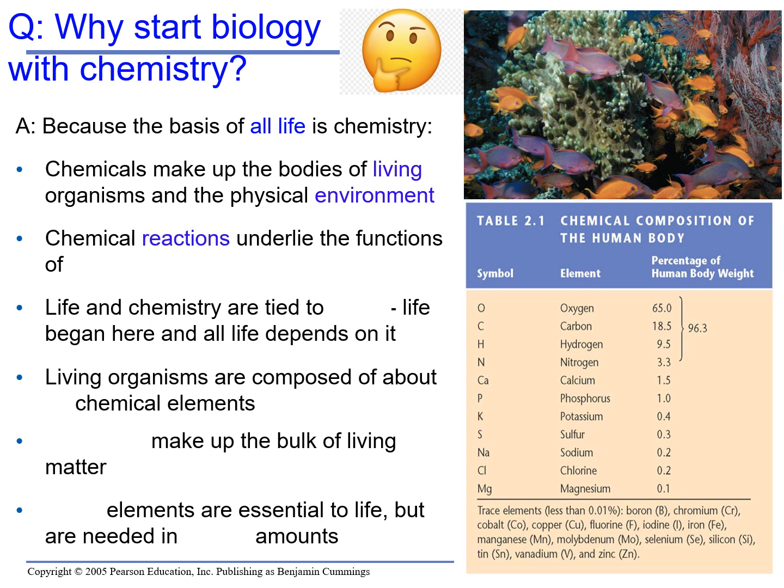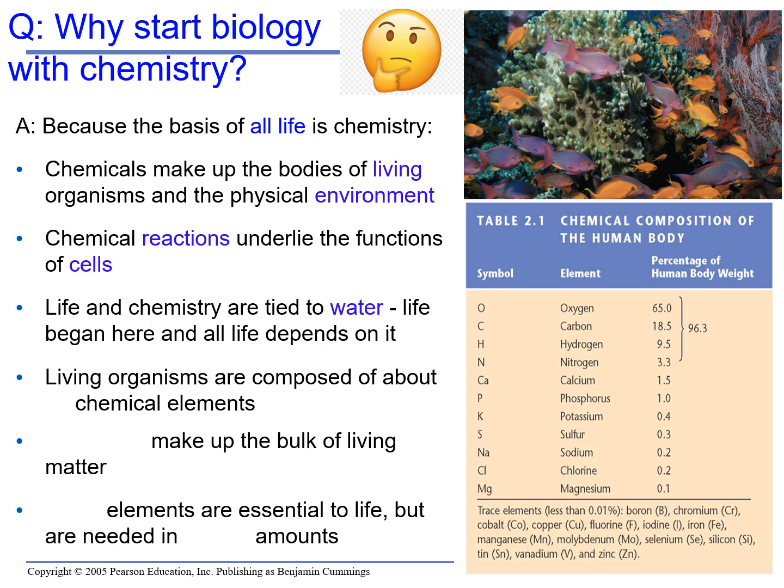Chemical reactions underlie the functions of cells. There are many chemical reactions that happen in our cells that help us live our daily lives. For example, all of the enzymes that break down our food react with the food and therefore give us energy.